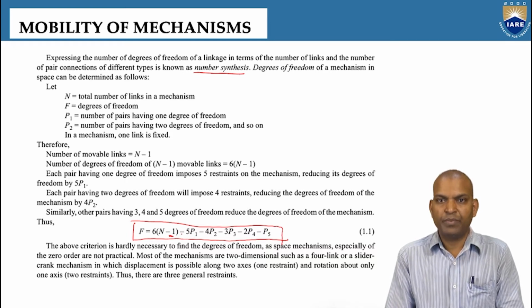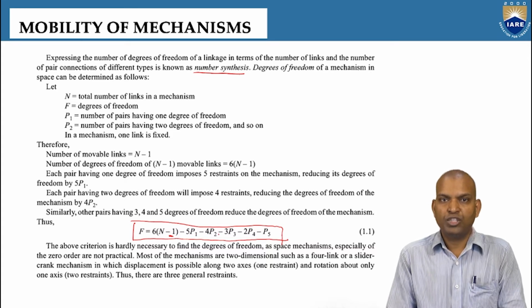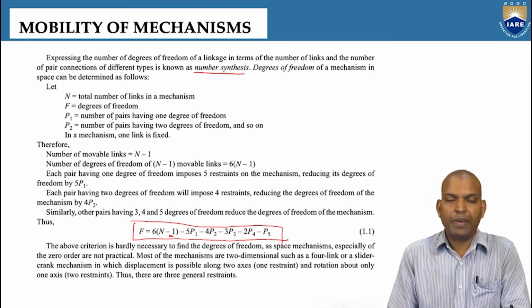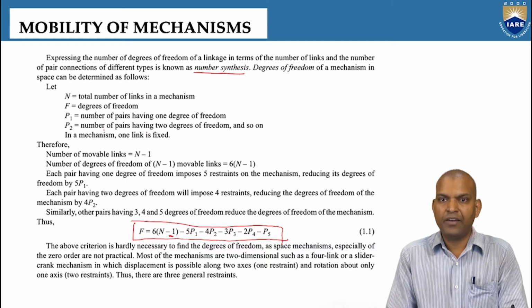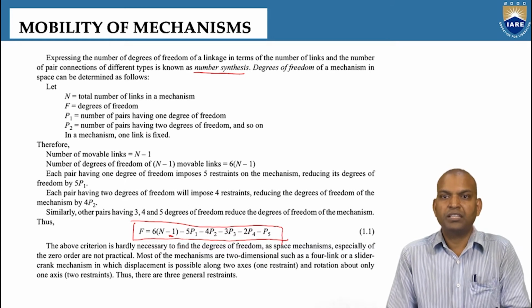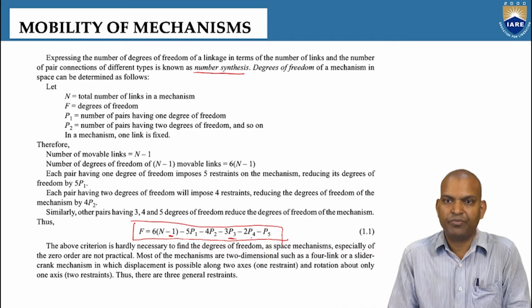That is F = 6(n minus 1) minus 5p1 minus 4p2, and so on. Here p1 is the number of pairs having a single degree of freedom, p2 the number of pairs having 2 degrees of freedom, p3 the number of pairs having 3 degrees of freedom, p4 the number having 4 degrees of freedom.